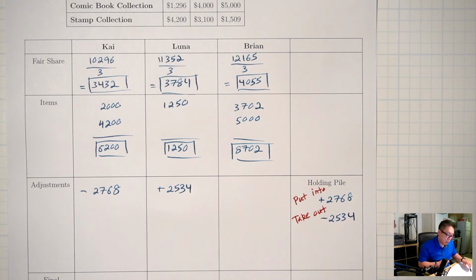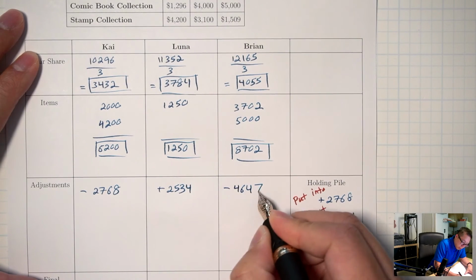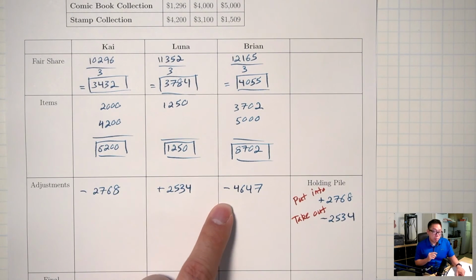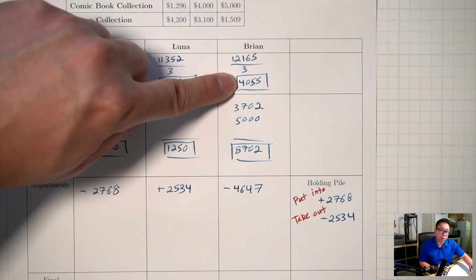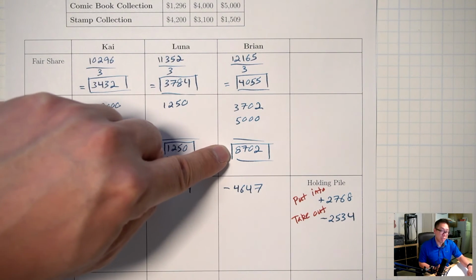And then finally, Brian, 4055 minus 8702. I got a negative answer here, so negative 4647. I did expect a negative because he only deserves 4,055. He got 8,702, so he got too much.